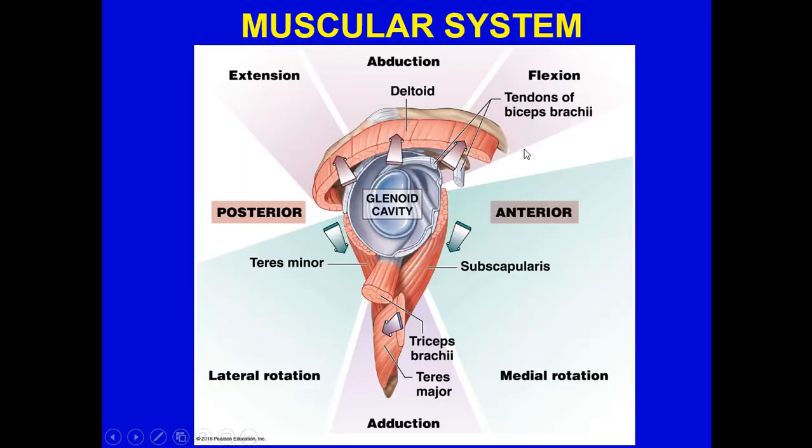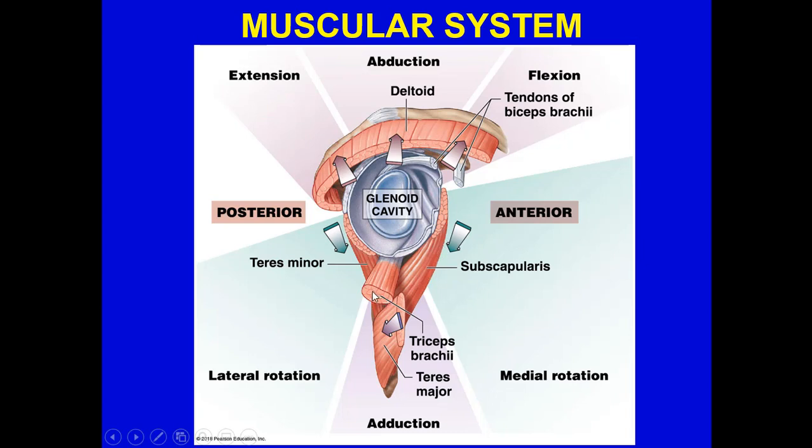This will help you to understand this. These are the different joint movements: extension, flexion, adduction, abduction, lateral rotation, medial rotation. This is the anterior, so this would be the front, facing forward. This is the posterior, so this would be the back. And you can see the forces being pulled by the deltoid, by the tendons of the biceps brachii here and here, and by the subscapularis, which is underneath here.